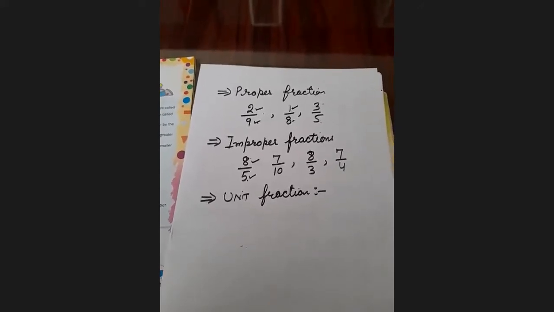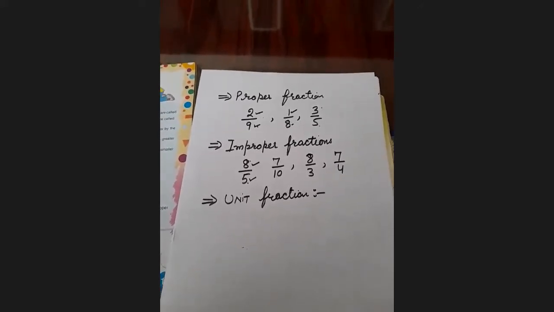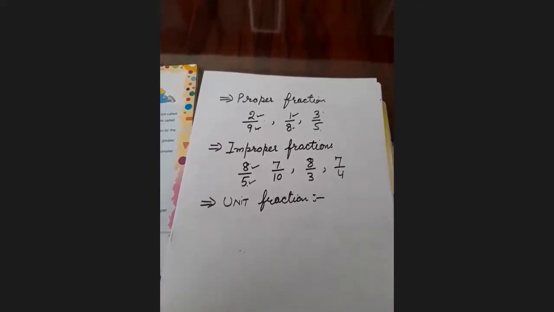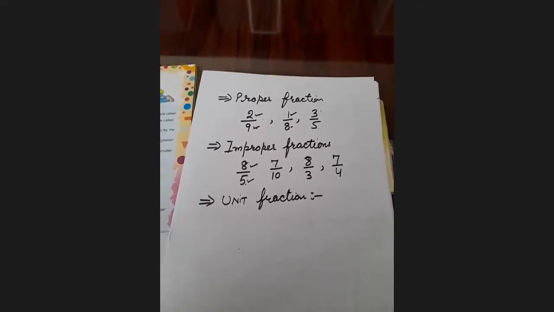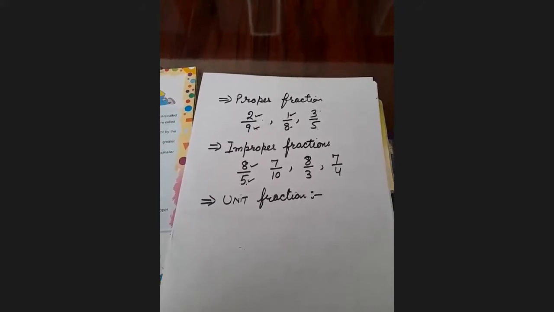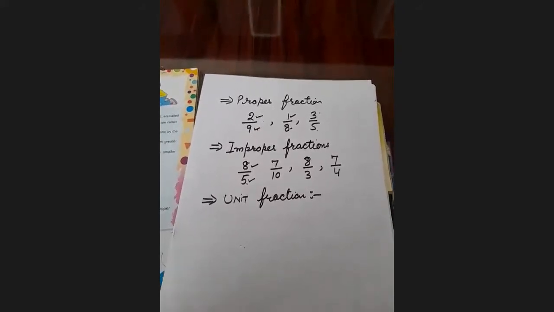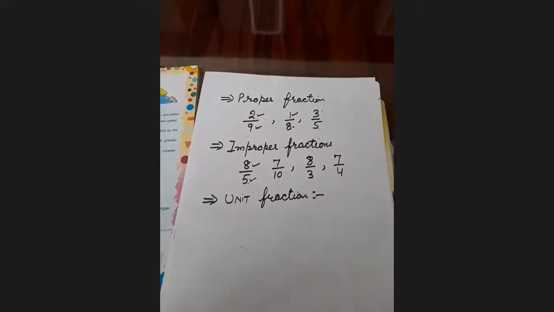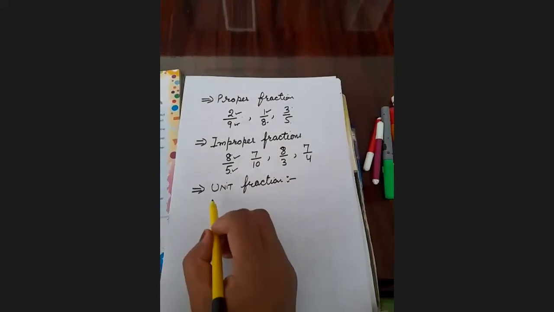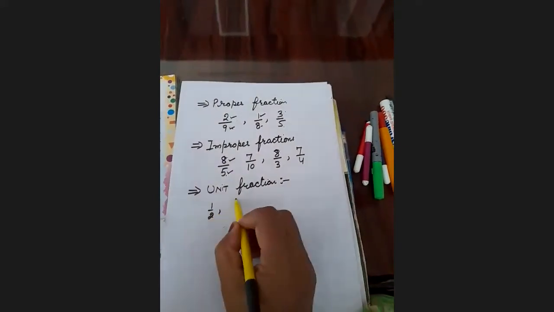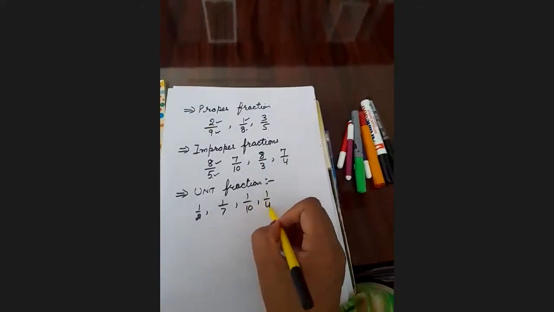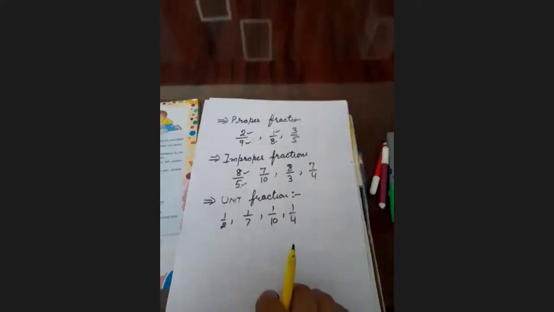For example, 1 upon 4, 1 upon 3, 1 upon 9, 1 upon 12. These all are unit fractions. So what are unit fractions? If any fraction number has the numerator 1, then these types of fraction numbers are known as unit fractions. For example, 1 upon 2, 1 upon 7, 1 upon 10, 1 upon 4. These are unit fractions.